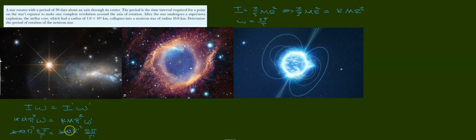So km cancels, 2 pi cancels, and we end up with this equation. R squared over the period is the new radius squared over the new period. So the new period is the old period times R prime over R, squared. The period at the beginning, the star was 30 days.